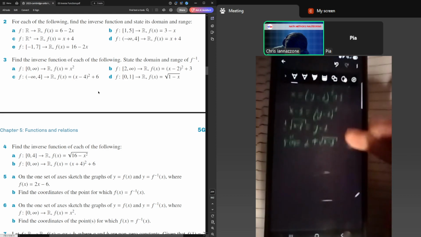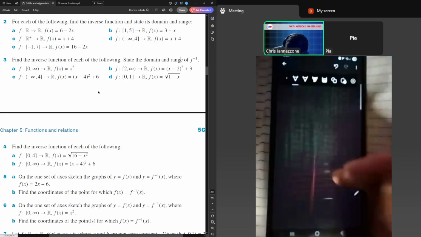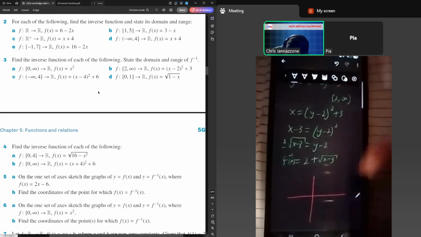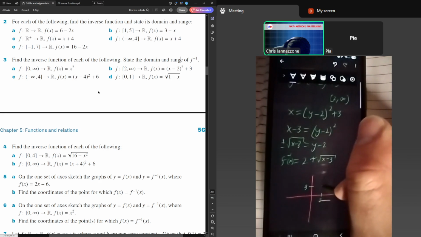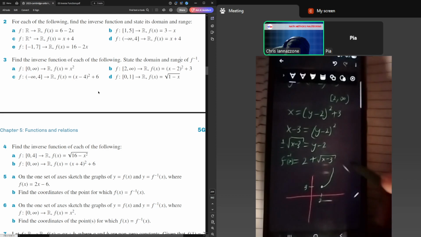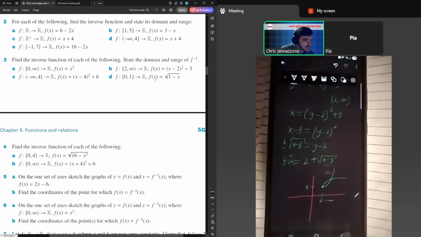And just for fun, we had x minus 2 plus 3, and we just found that, more or less.